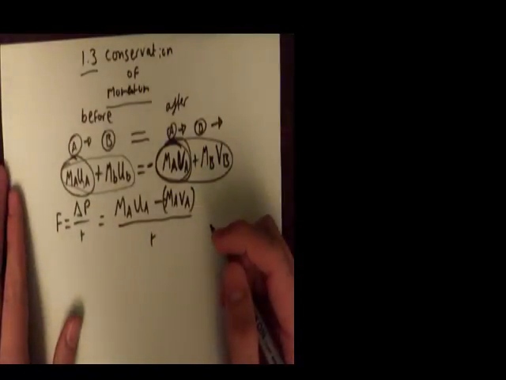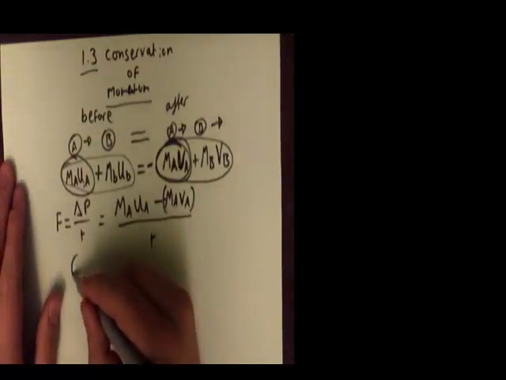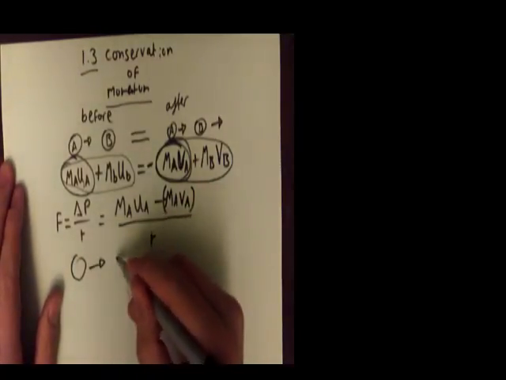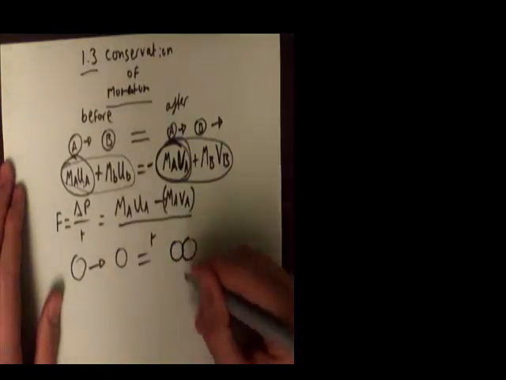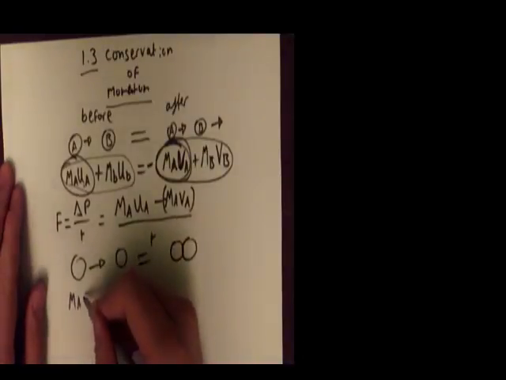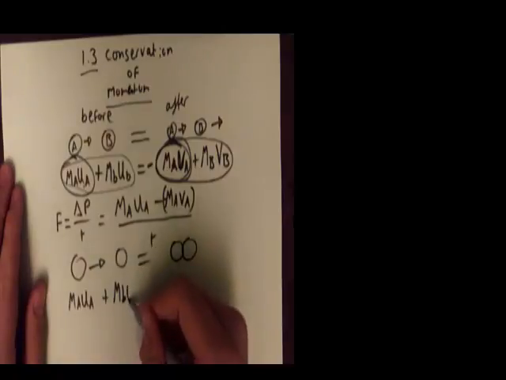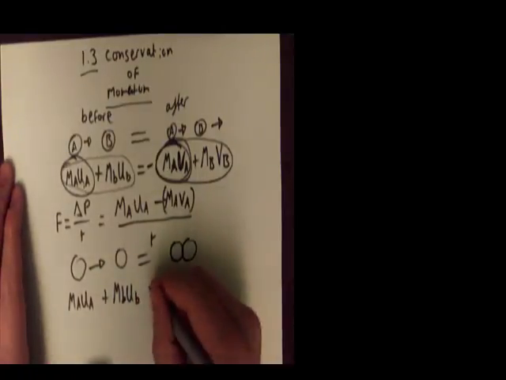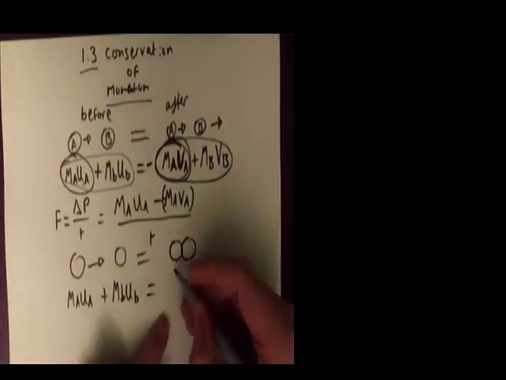So if we look at the next page, if these two objects collide and they get stuck together, like so, M A U A plus M B U B will equal the combined mass.